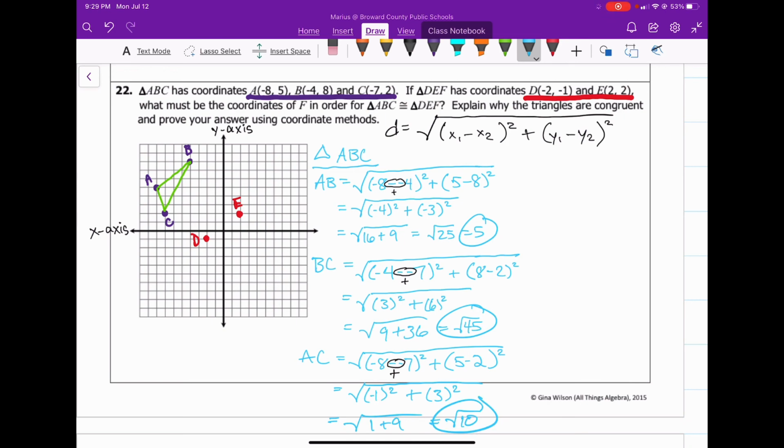Those were the measurements for triangle ABC.